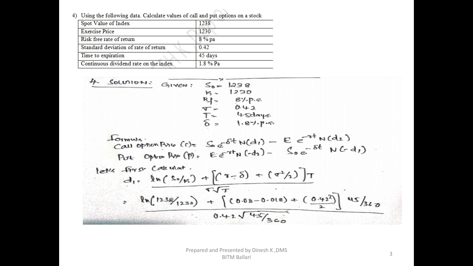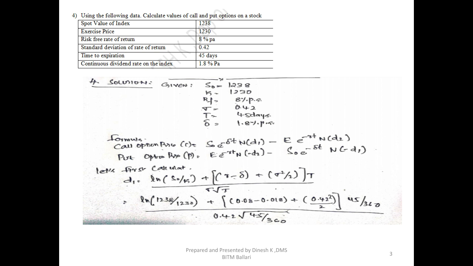It becomes 0.018, multiplied by t, that is 45 divided by 360, into N of d1, the normal distribution value that I need to calculate, minus exercise price E into exponential to the power of minus rt, where R is given as 8%, t is 45 divided by 360, into N of d2. So I need to calculate N of d1 and N of d2, the normal distribution values of d1 and d2.